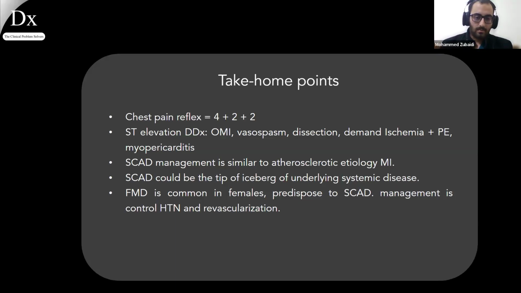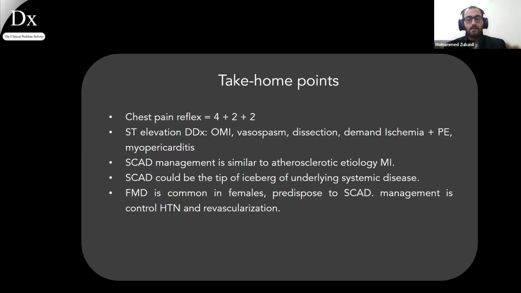So we highlight obstructive myocardial infarction, vasospasm, coronary artery dissection, and demand ischemia, as well as PE, massive PE, and myopericarditis. The presence of reciprocal changes makes us think about coronary pathologies.